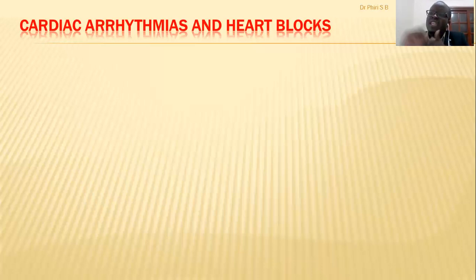Then if the heart rate increases to greater than 350, then you're having fibrillations. Fibrillation is an excessive increase in the heart rate that can be brought about by other foci of cells producing spontaneous action potentials that are driving the ventricles crazy.